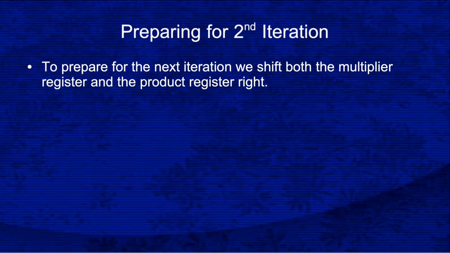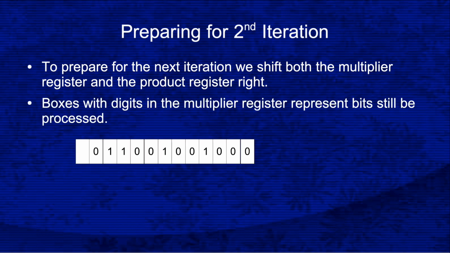To prepare for the next iteration, we shift both the product register and the modified multiplier value right by 1 bit. The modified multiplier value becomes 0110010010000. This represents the current state of the multiplier register.